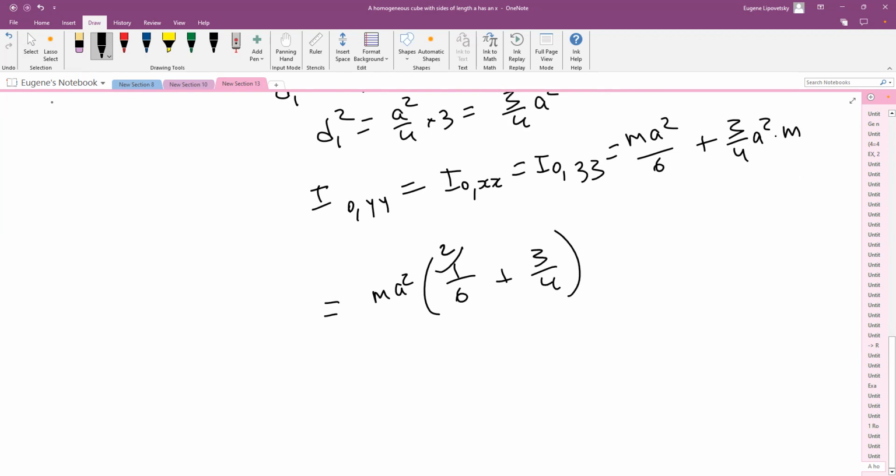This is times 2, this is times 3. This is going to be 11/12 M A squared. That's the three moments of inertia about the origin. Now the products of inertia.